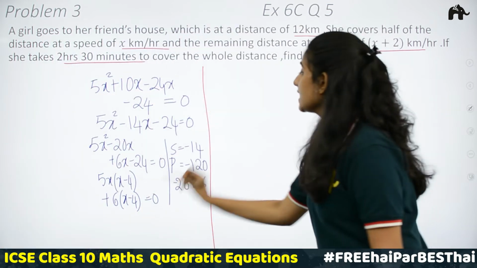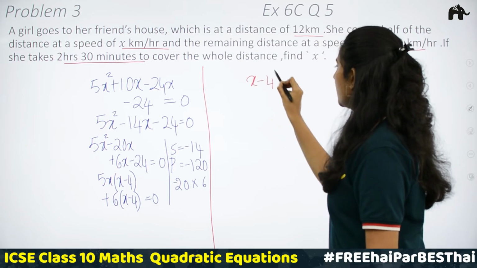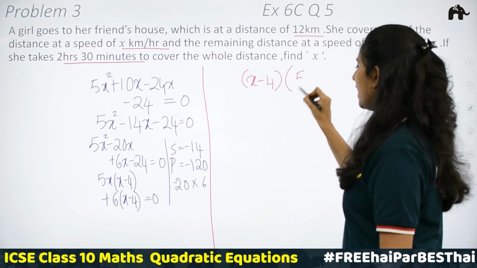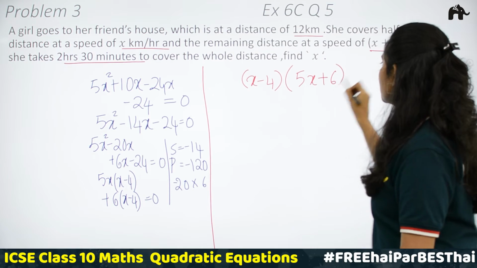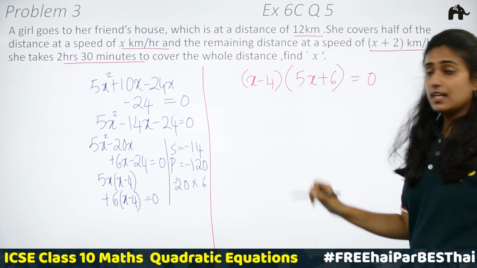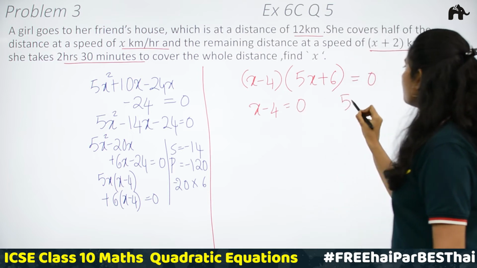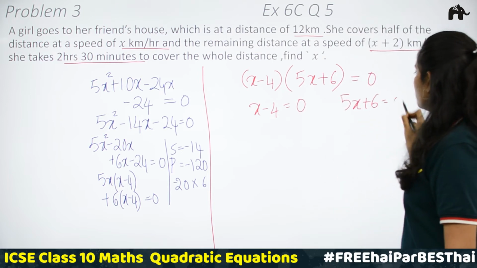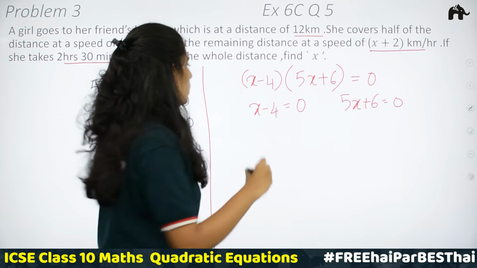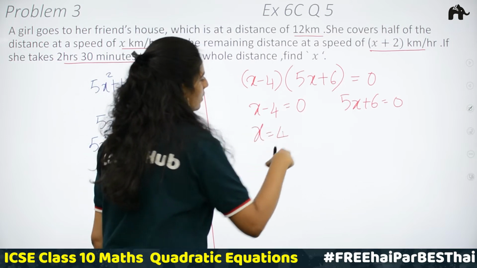That is, x minus 4 is common, x minus 4 into 5x plus 6 is equal to 0. That is, x minus 4 is equal to 0 or 5x plus 6 is equal to 0. If x minus 4 is equal to 0, then x is equal to 4.